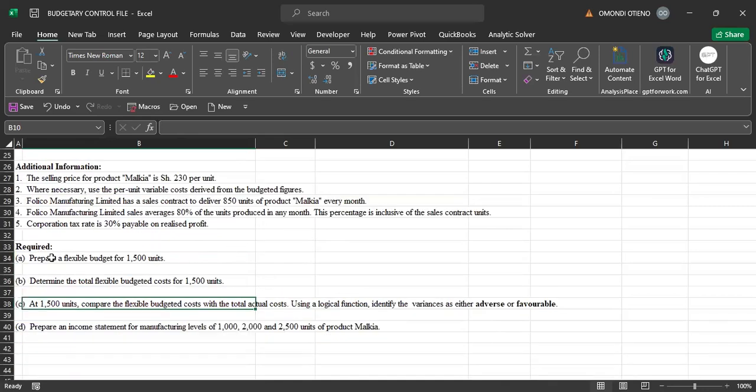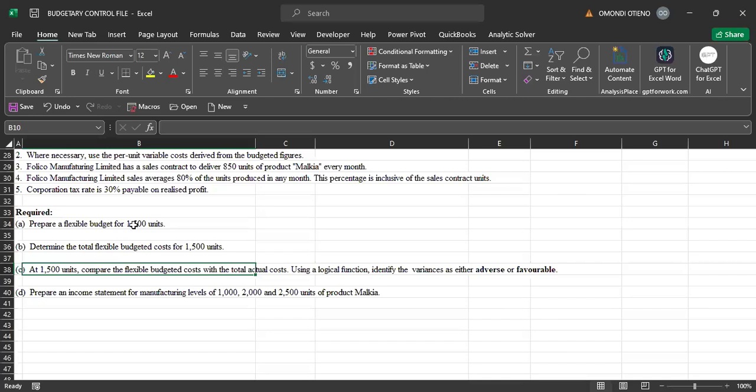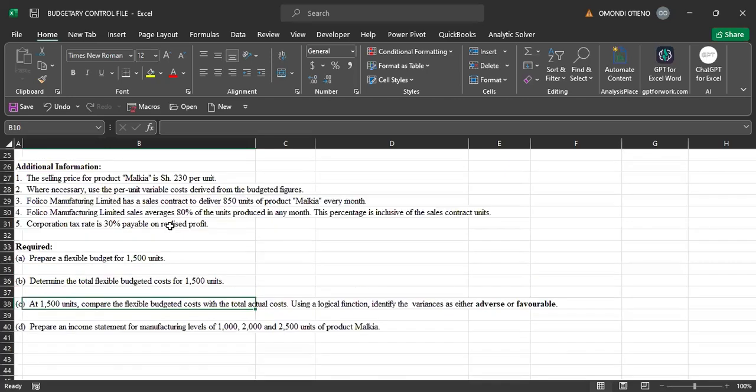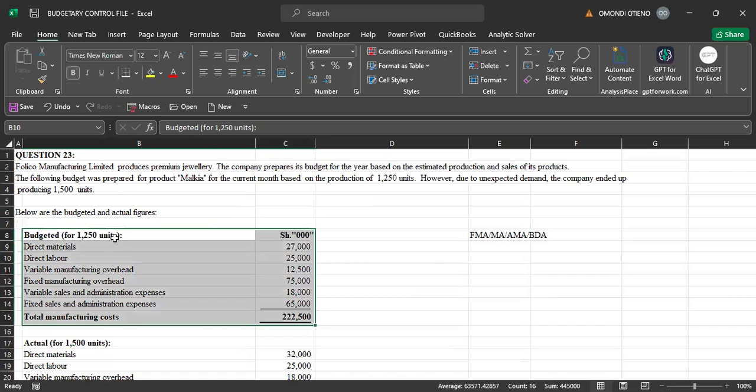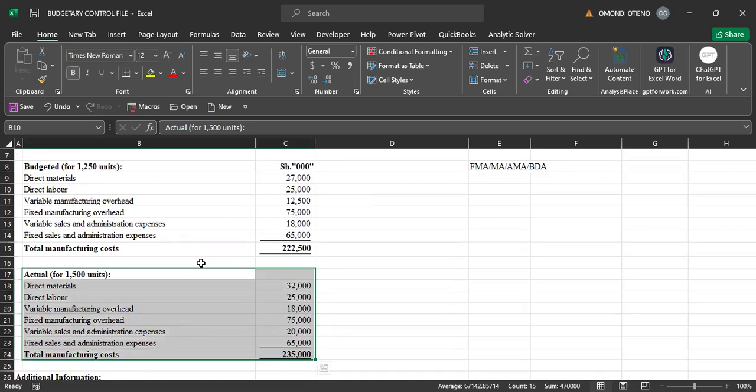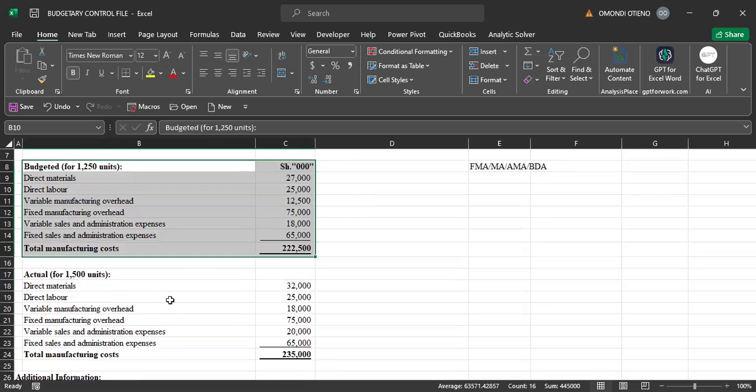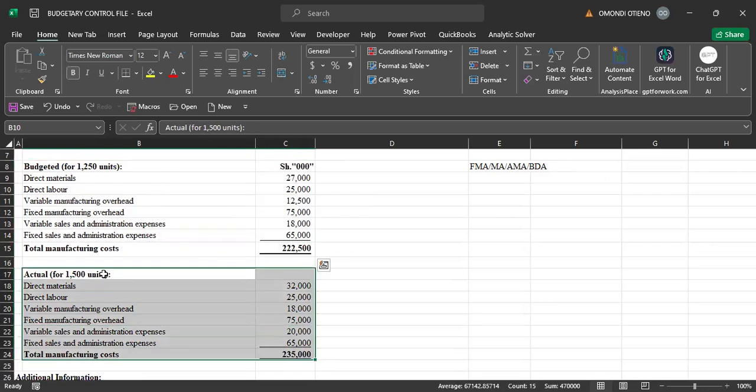Number one, we are told to prepare a flexible budget for 1,500 units, a flexed budget for 1,500 units. If you look at the data that is given to us here, these costs represent the budgeted production of 1,250. Then we have the actual production. What we need to determine here is that we cannot compare budgeted production and actual production if we have a difference in units.